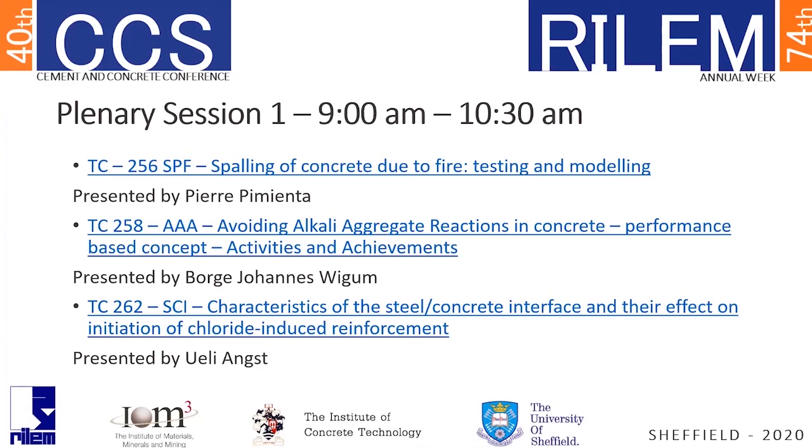Transport of chlorides through the concrete can be tested with many different tests and can be modeled and so on, but we did not look at the transport. What we looked at is the chlorides, or the conditions, that are actually needed to trigger corrosion. So the transport was not at all part of our TC work, and we completely excluded that.